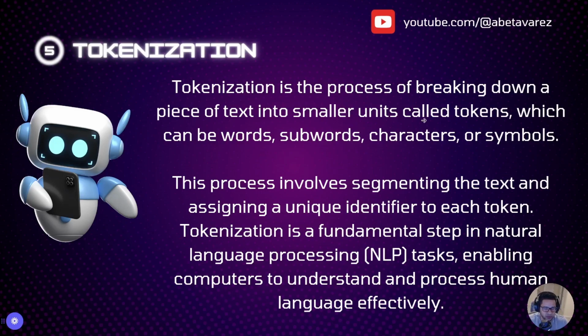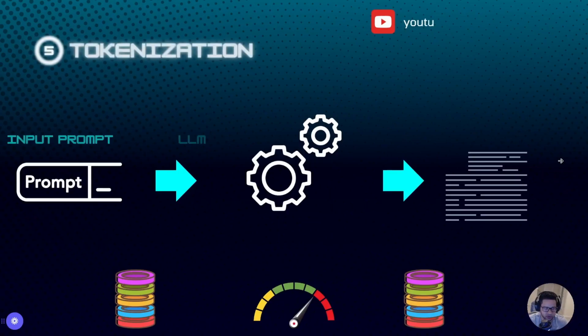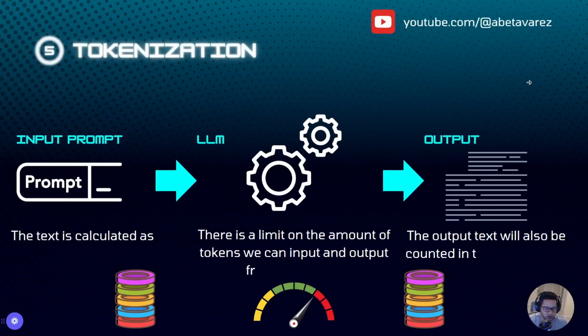So this process is going to happen automatically depending on the LLM that you're using. It's just that we need to be aware of this process because we may run into some problems later on.